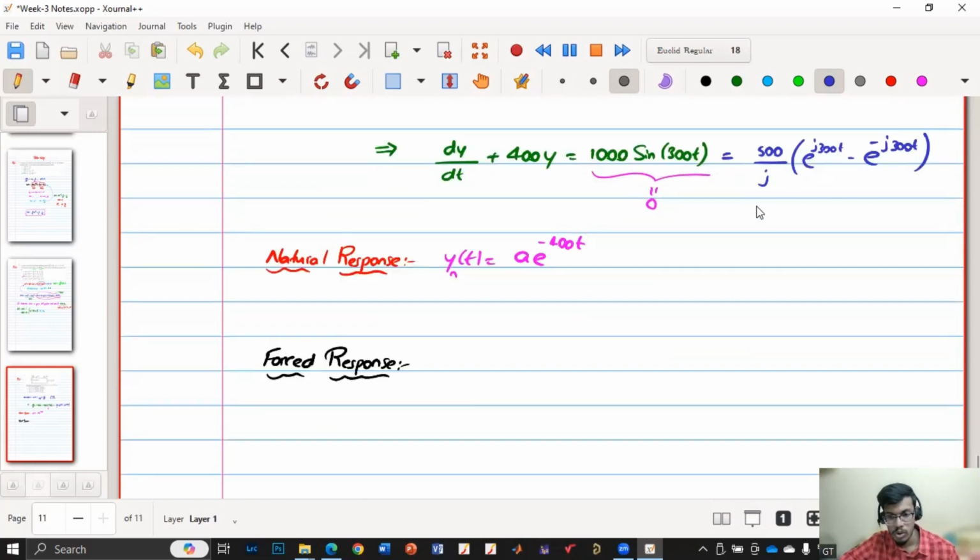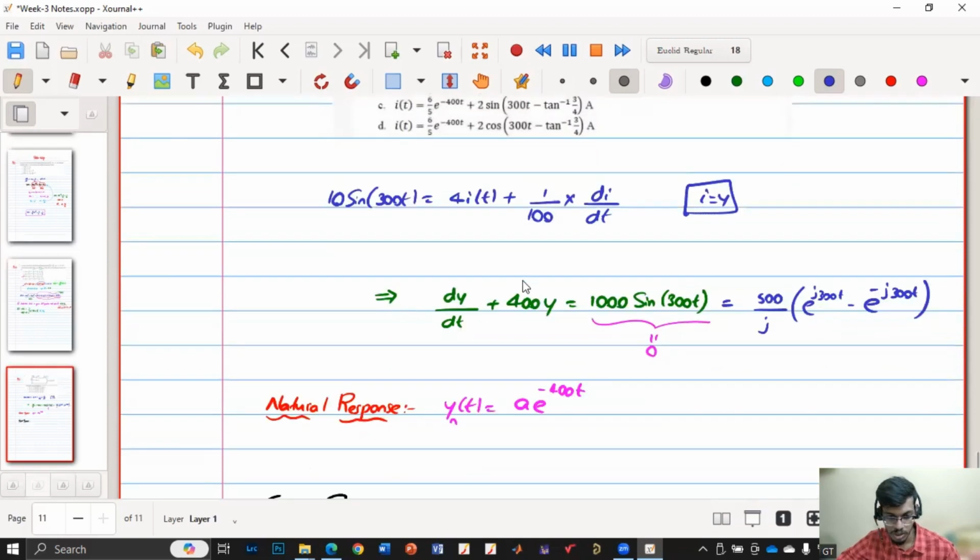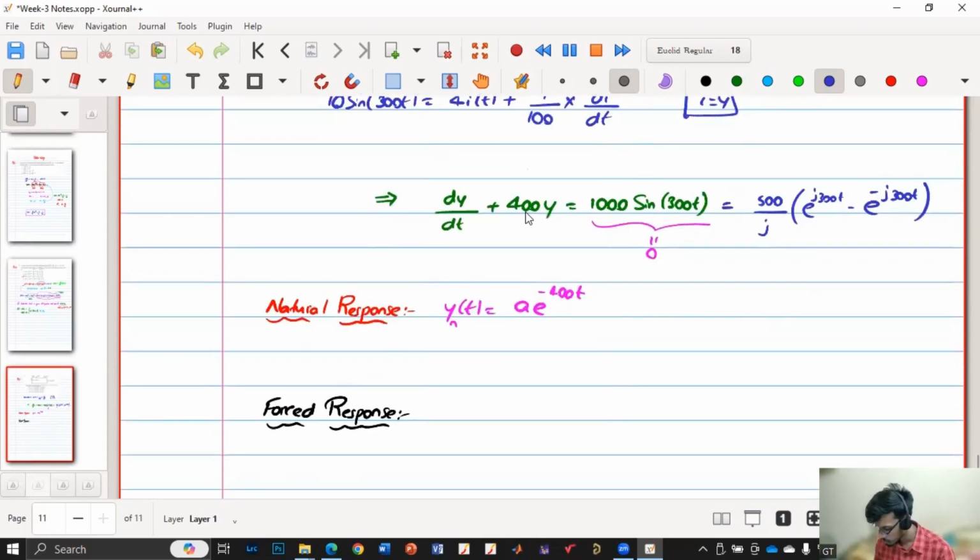So now I have told you that if the exponential term is not the solution on the LHS side, then for forced response, we can directly take a coefficient of the exponential term. So yf of t, I'll take a into e to the power j 300t plus b into e to the power minus j 300t.